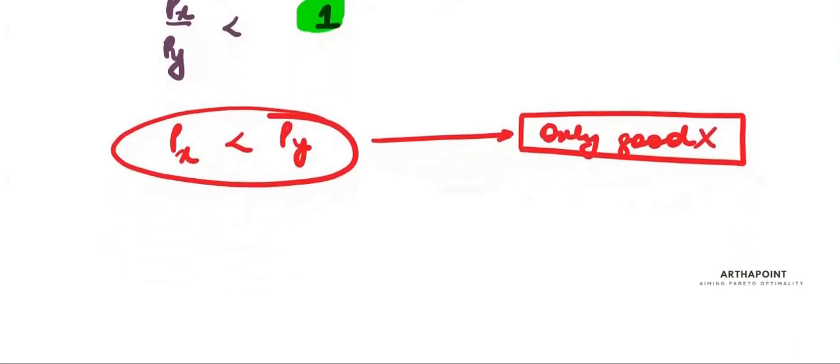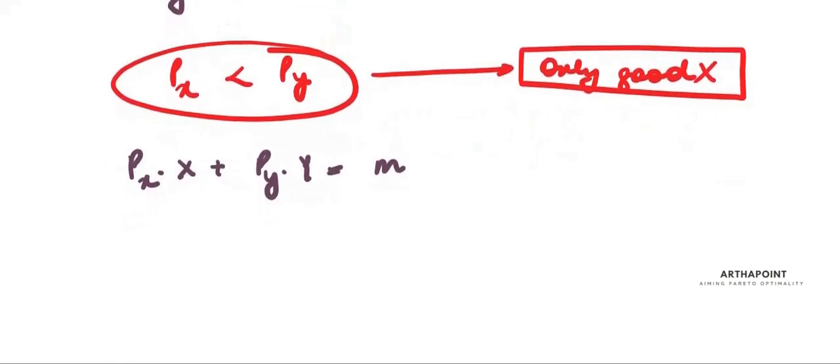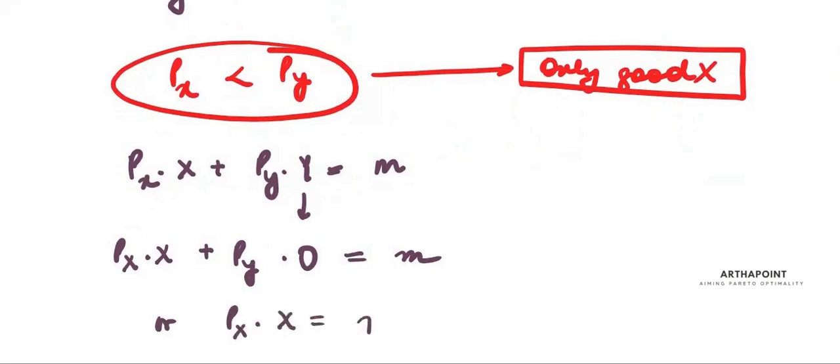Because I am buying only good X, if I write my budget line, Px into X plus Py into Y is equal to M, instead of Y I can write 0, because I'm buying only good X. X and Y are substitutes and X is cheaper. So Px into X is equal to M, X is equal to M by Px.